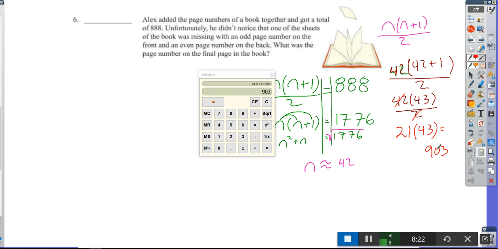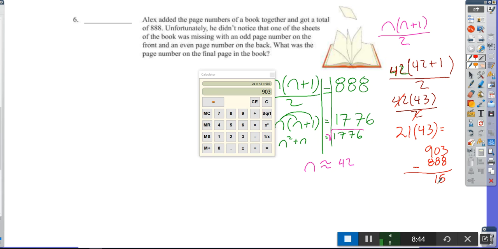Well, 903 is larger than 888, which makes sense because I ripped a page out. So let's subtract these and see what the difference is, because the difference will give me a clue as to what page I ripped out. When I subtract these two, I get 15.